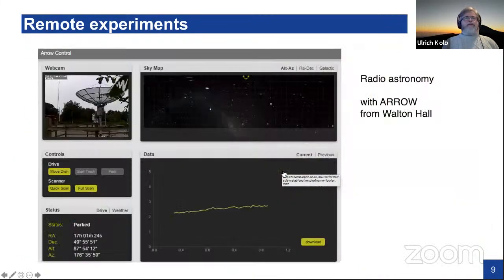And another one which is relevant for the astronomy part of the curriculum is a radio dish, a 3-meter radio dish, which is situated in our main campus in Walton Hall in Milton Keynes in the UK, and has, in this case, a very intuitive, simple interface for students to study the 21 centimeter emission from the Milky Way and basically set up a rotation curve of the galaxy and a project built around it for dark matter content of the galaxy.